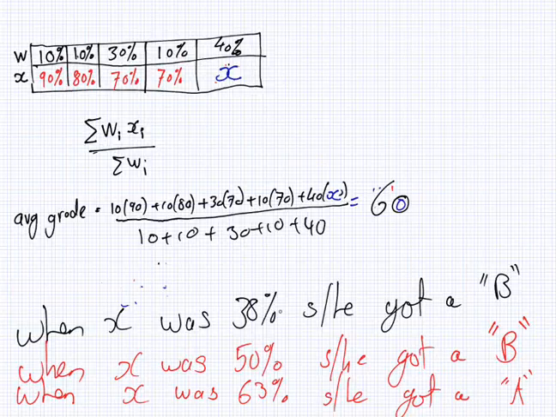Can you see how, for this person here, if they got a 50, they got a B. So maybe they worked really hard to get 50. But if they worked less and got 38, then they still get a B. And if they want to get an A, they have to work really hard and get a 63.